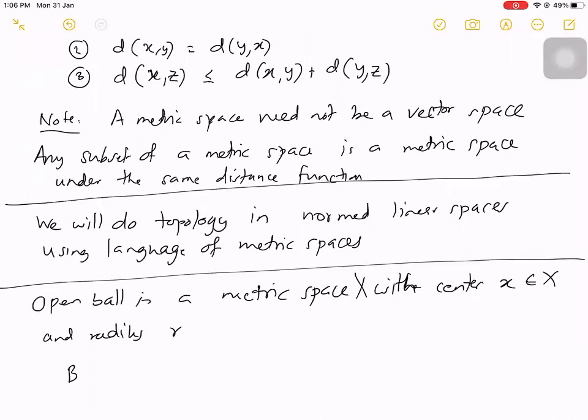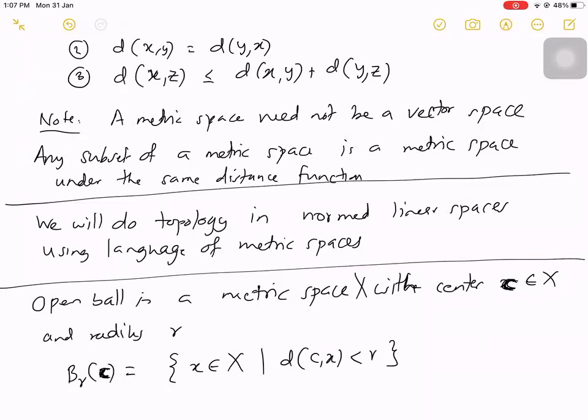I think my radius was the subscript, right? B sub R of x is simply the set of all, sorry, let's call the center C just for now. Center C, radius R. It is the set of all x in X such that the distance between C and x is strictly less than R.